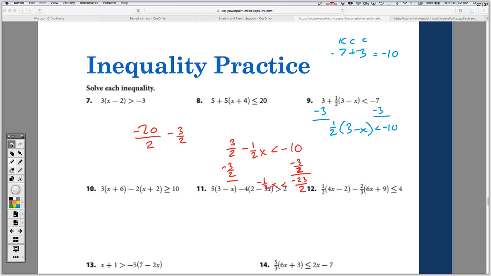Okay, so then this becomes negative 2x less than negative 46. Divide by negative 2, divide by negative 2. We divided by a negative, so what should I do? Flip the sign. So x is greater than 23.